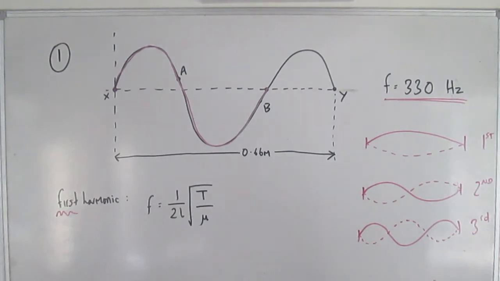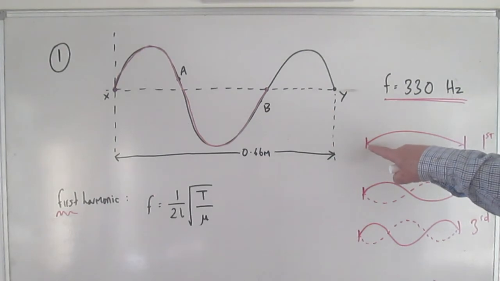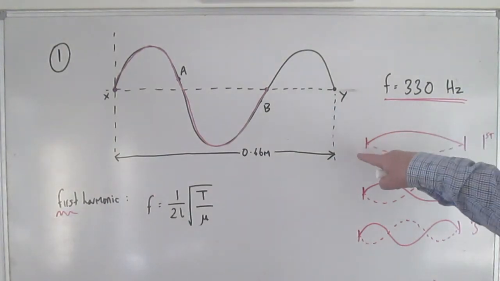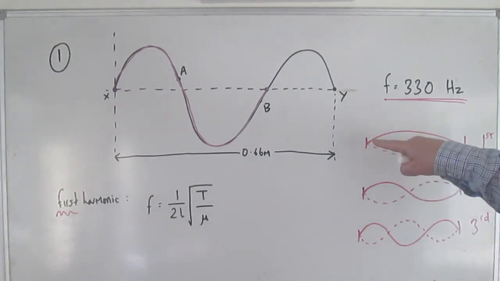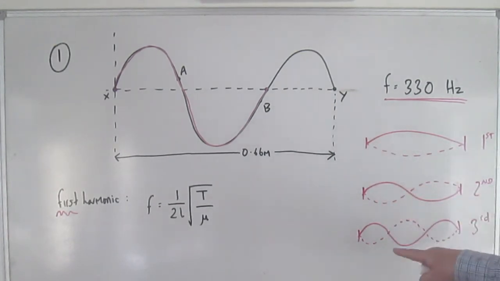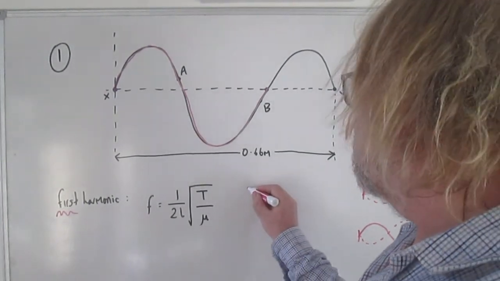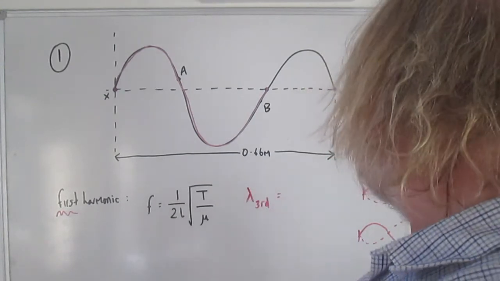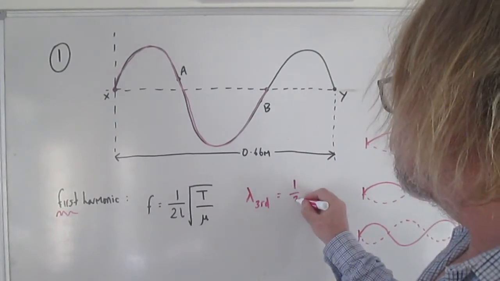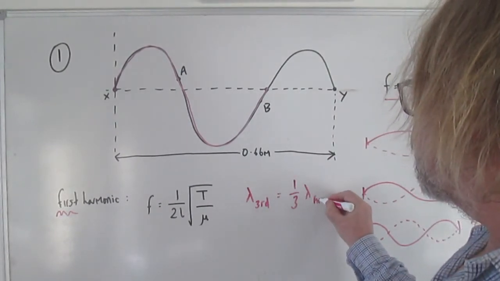And of course the point is that the wavelength is different. That corresponds to half a wavelength for the first harmonic, whereas it's now a whole wavelength for the second, and now it's 1.5 wavelengths, as we've already discussed in part A. So that means that lambda for the third harmonic is only 1/3 of lambda for the first harmonic.